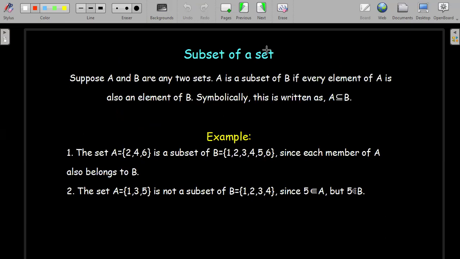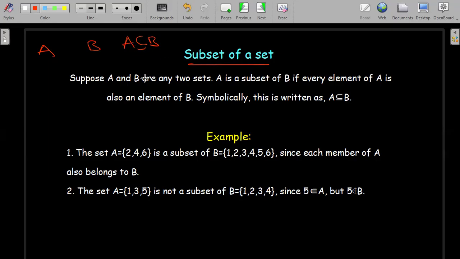The last key concept we look at for today is a subset. If we have two sets, A and B, then we're saying that A is a subset of B, which would be denoted like this.